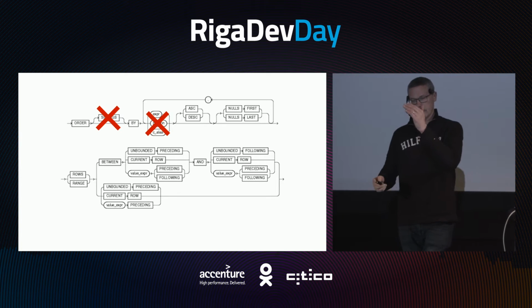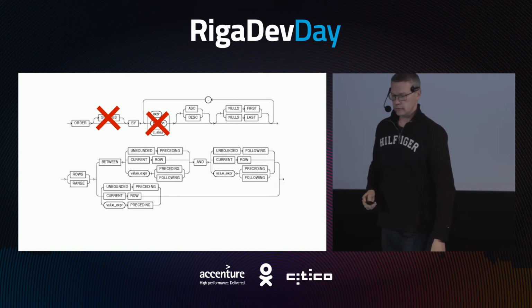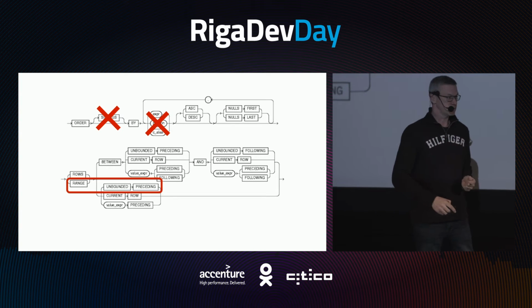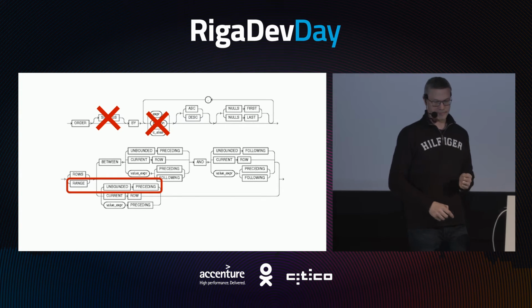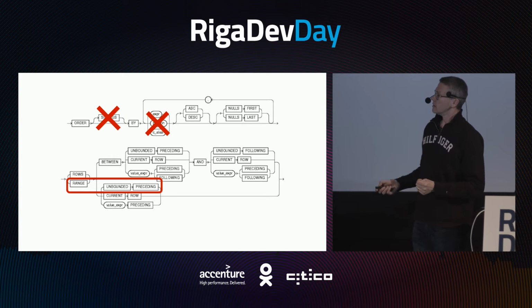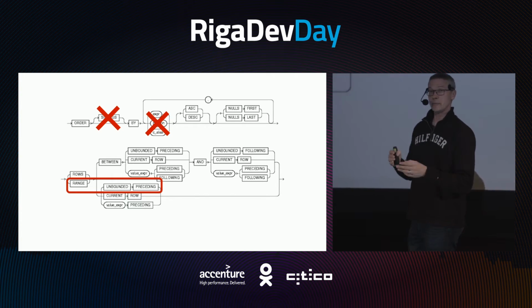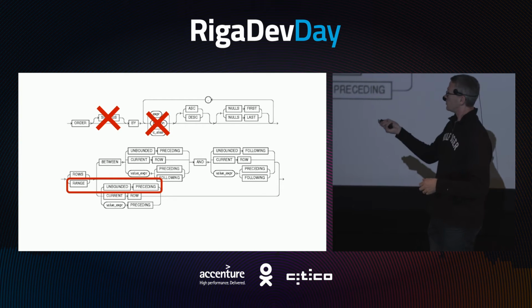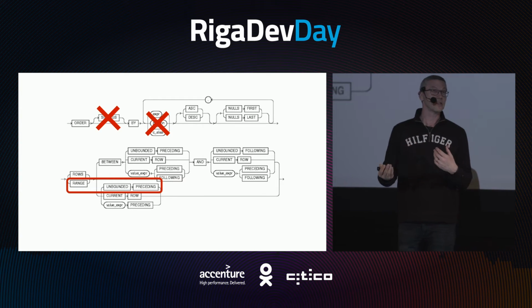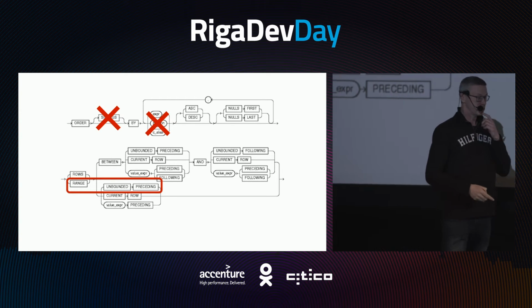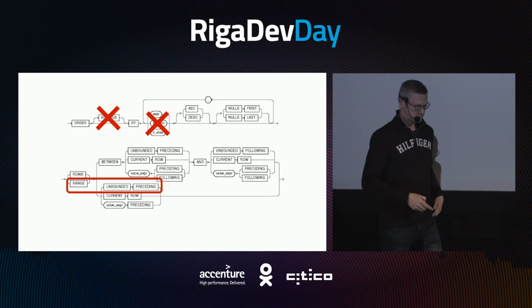You can specify exactly how you want your window to be. The default, this one breaks up a lot of people, is range unbounded preceding. And I'll explain why this one's a bit. The ANSI committee, the standards committee, said it should be range unbounded preceding. So it's not Oracle's fault per se, it's the standards committee that made that up.